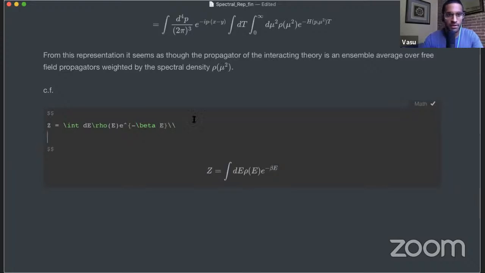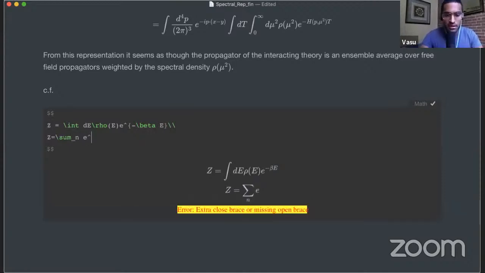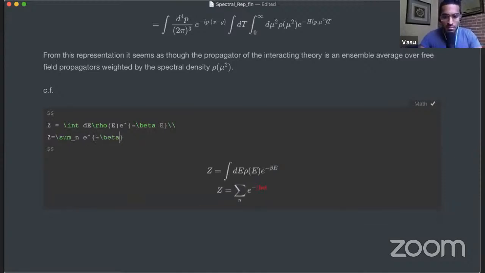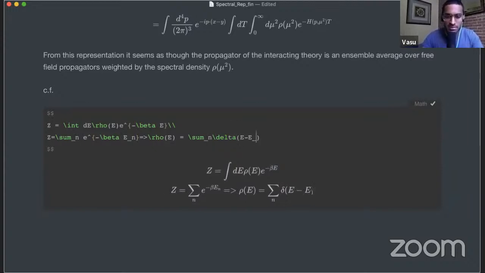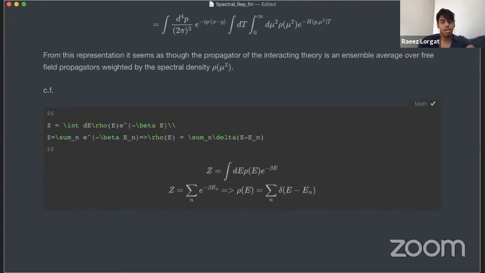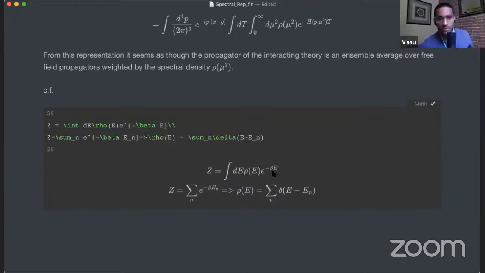So if I wanted to recover the fact that Z is also the sum over n of e to the minus beta E_n, then I just know that the spectral density, well, I shouldn't call it the spectral density, the density of states, is just the sum of delta functions that set E to some E_n.